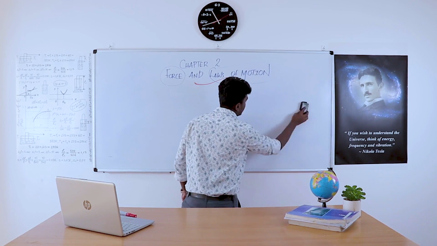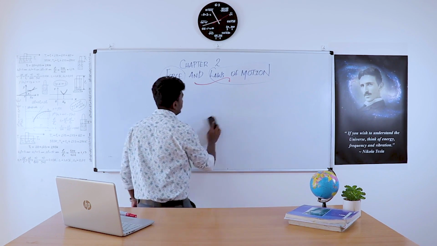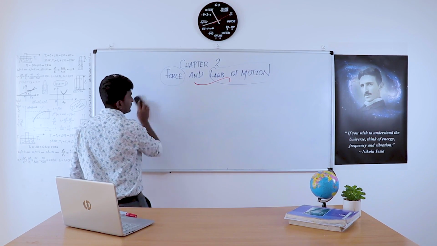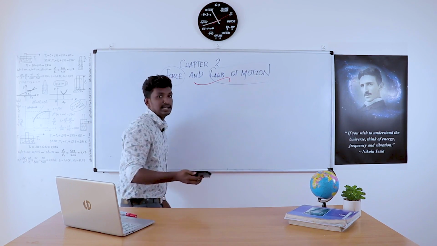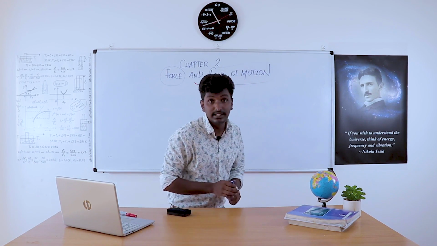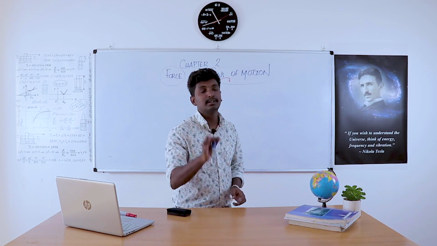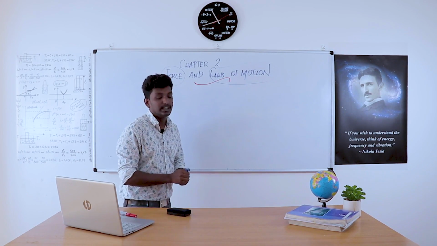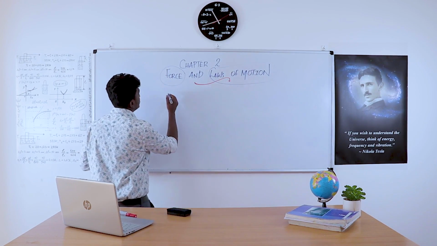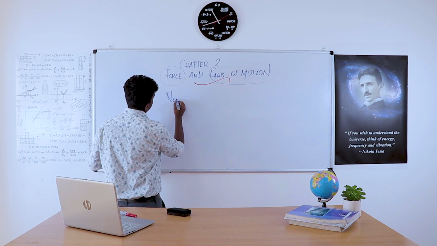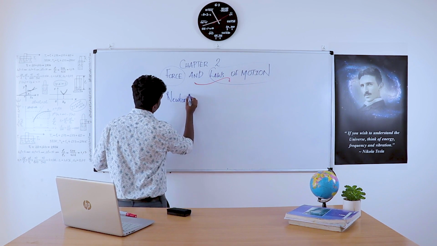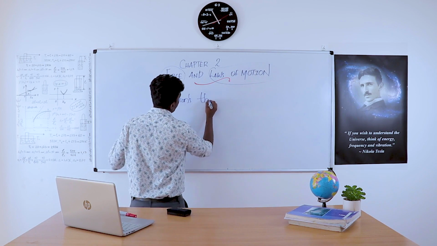That means in the last section we have three topics: Newton's third law of motion, conservation of momentum, and the recoil of a gun. Now, moving to Newton's third law of motion.